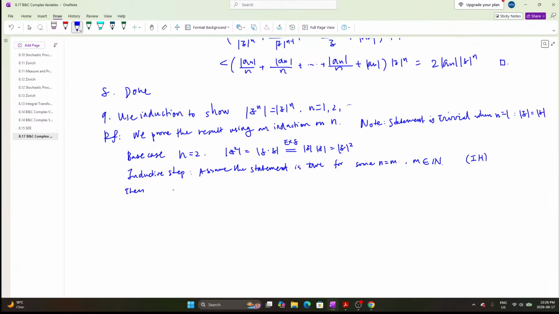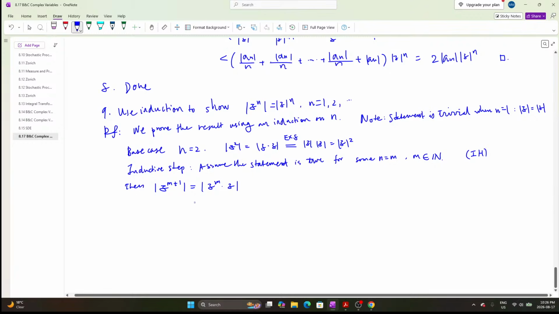Then we want to show the same statement is true for m plus 1. So let's start by writing z to the m plus 1. Let's write it as the modulus of z to the m times z together. So now you can use the base case to break it into two factors, which is modulus of z to the m times modulus of z.